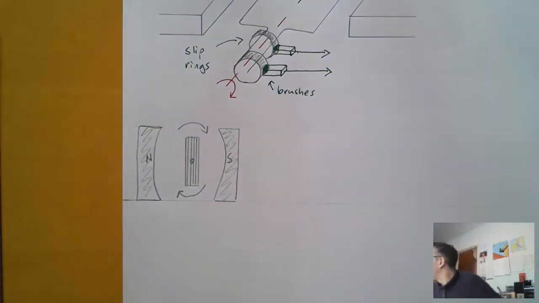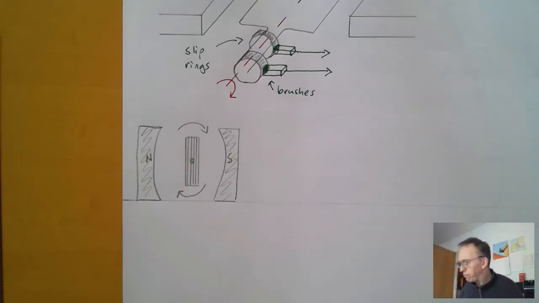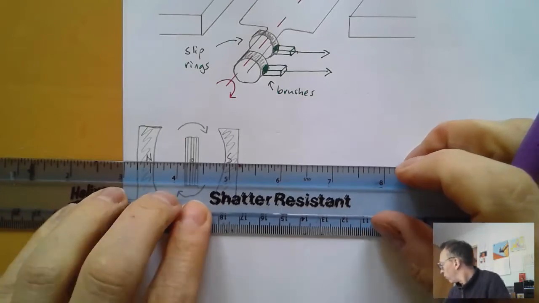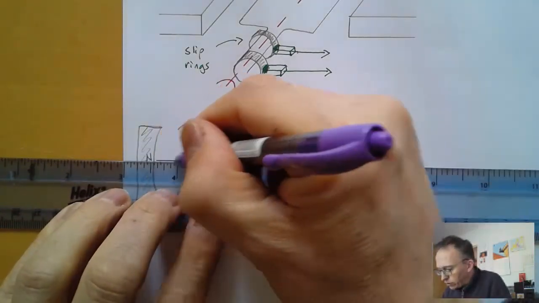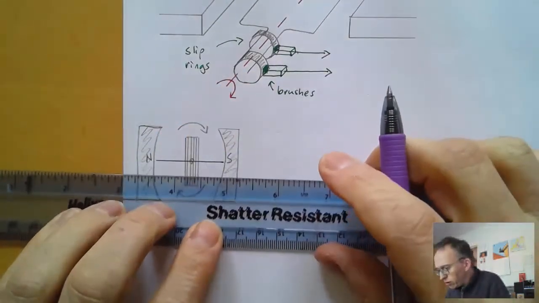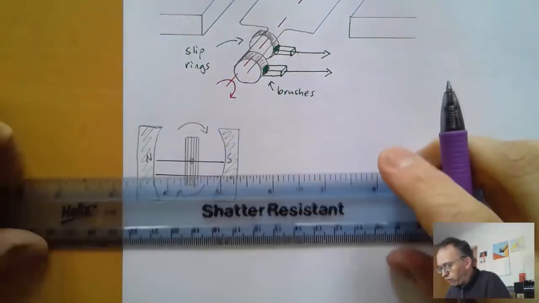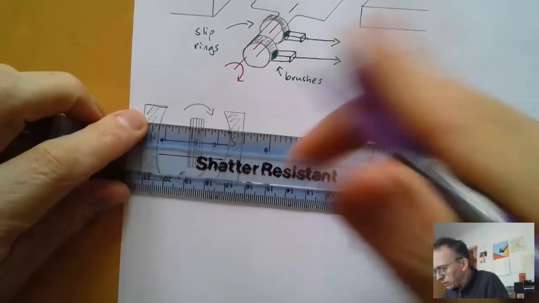Now, I think I'll use color to represent the field, and I'm going to use pink because that's what the book does. Okay, so the field lines, what we basically have is a uniform field in between the magnets.